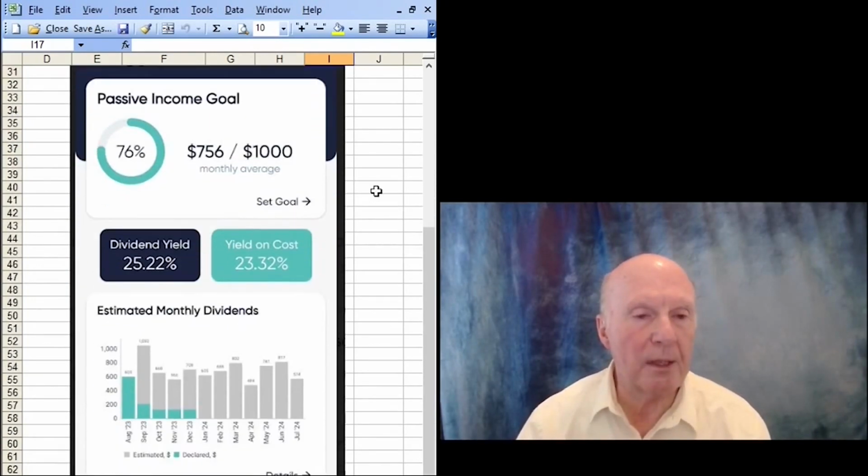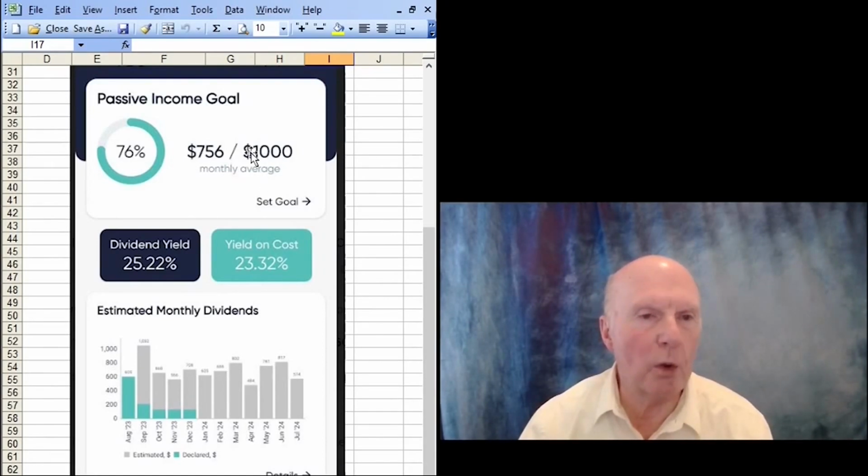When you look at your home screen, it shows you how much monthly dividend you're bringing in according to what you've got invested.